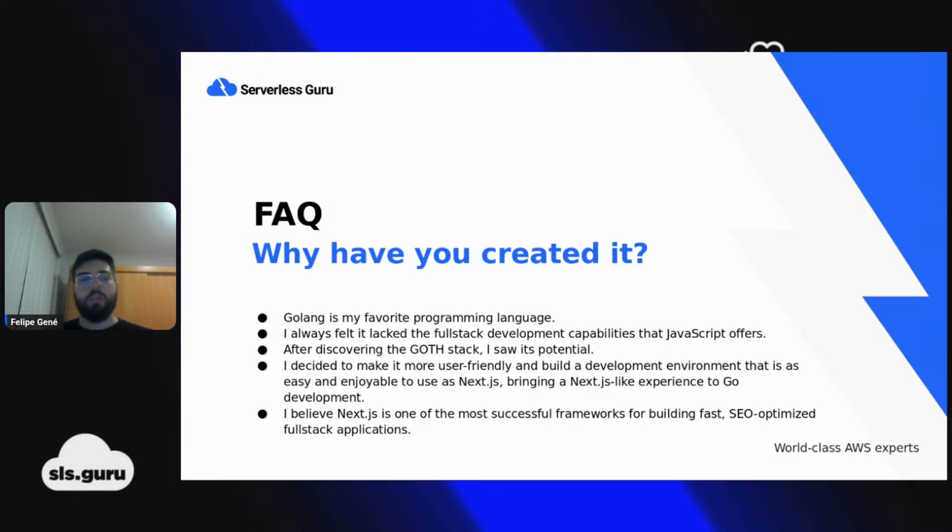Because I do think that Next.js is one of the most successful frameworks for building fast, SEO optimized full applications. And I just wanted to do the same, but for Go apps.